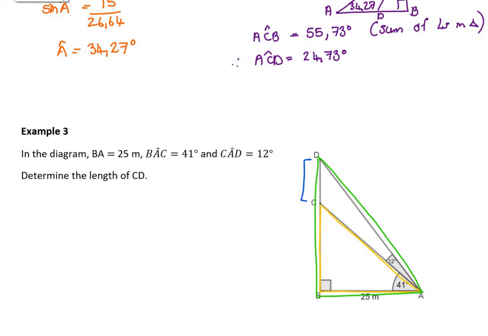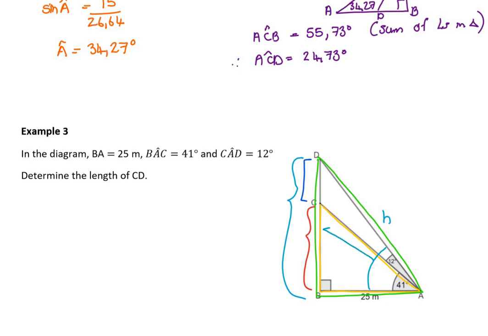Now what's my plan? I like to always have a plan. Now I can't get DC directly because it's not part of a right angle triangle, but could I find DB and then subtract CB, because both of those are sides in right angle triangles, and that'll give me the value of DC. Right, so let's go about finding DB first. So my whole angle there would be 53 degrees, and this would be my hypotenuse, would be DA.